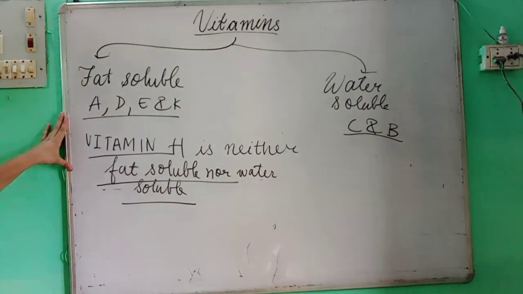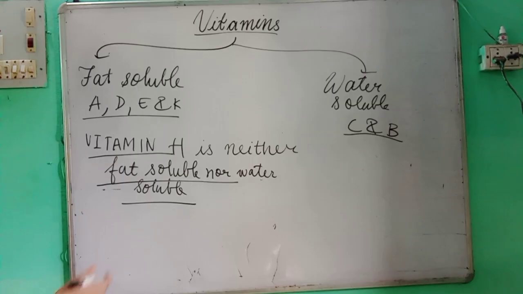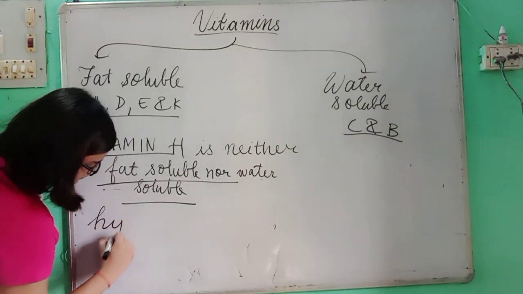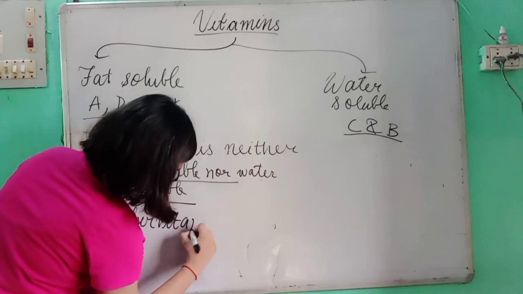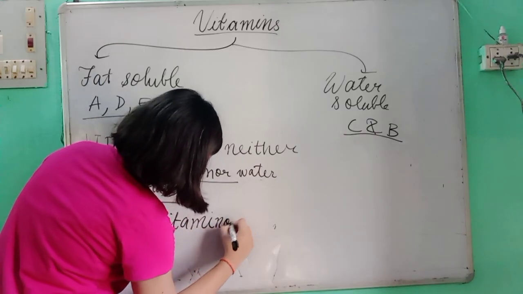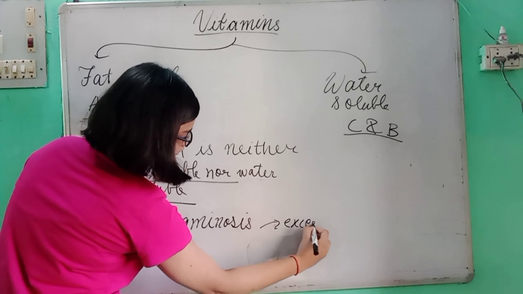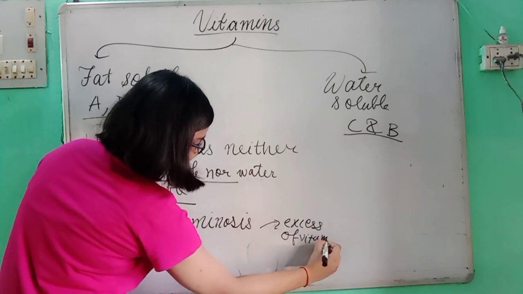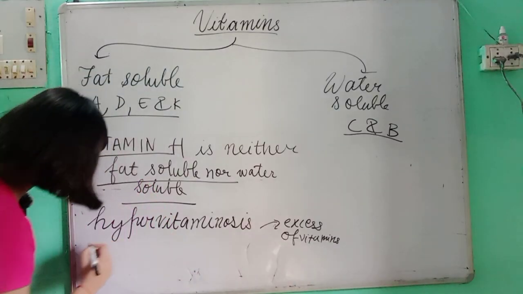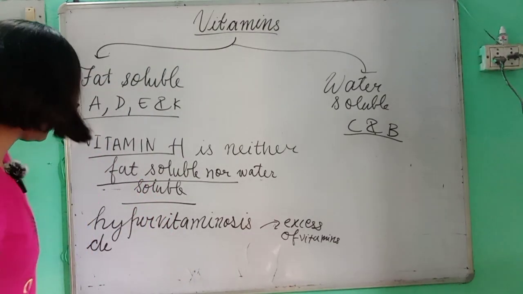So, this is our classification: fat soluble and water soluble. Excess of vitamins causes hypervitaminosis, and deficiency causes malabsorptive diseases.